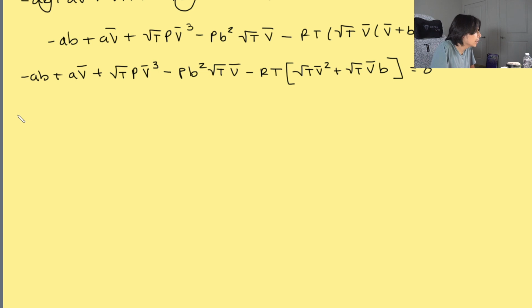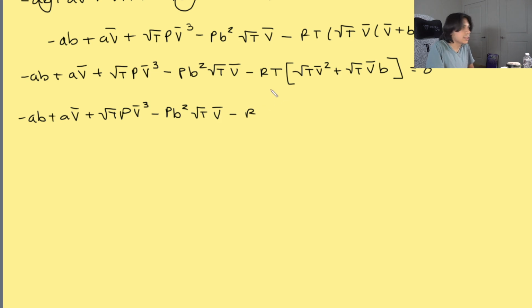And then again, I'm going to now distribute that to that newly formed term. And so then that becomes negative AB plus AB bar plus square root of T PV bar cubed minus PB squared square root of TV bar minus R T square root of T. T times square root of T is T times t to the half, which is t to the 1 plus 1 half, which is t to the 3 halves.